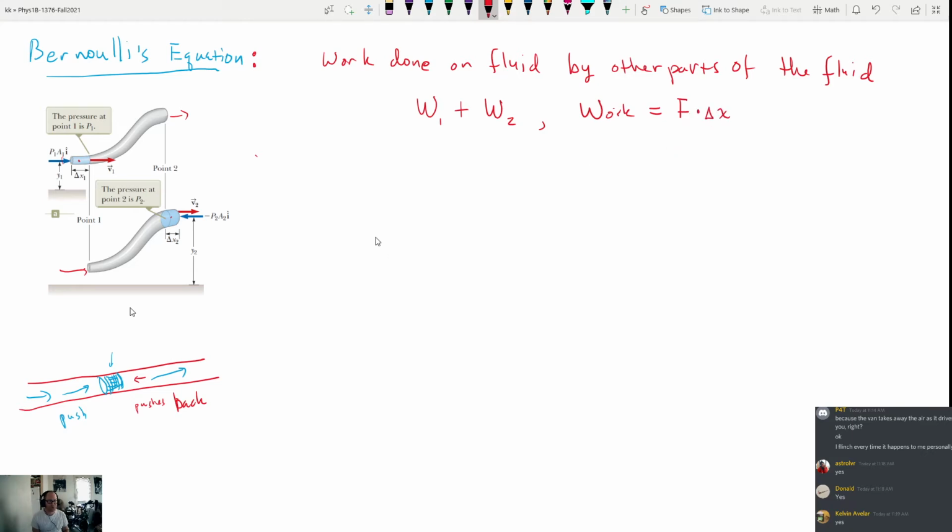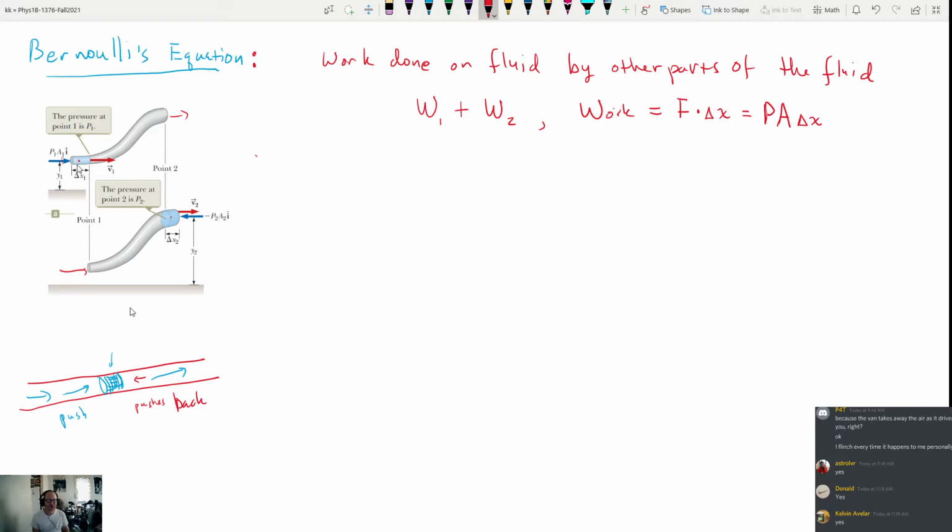And where's the force coming from in this case? That force is going to come from the pressure of the fluid times the area of the opening, multiplied by the displacement that the fluid undergoes. That's what the work is going to be: pressure times the area times the displacement of the fluid.